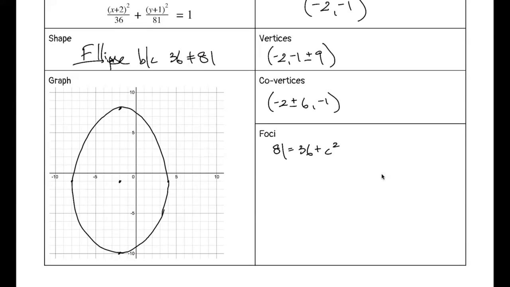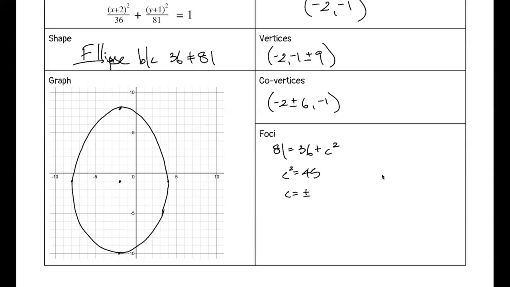Good. We take the bigger denominator. No matter how much bigger, only a little bit or a lot, we put that on one side by itself. The other denominator gets added to c squared because that is the shorter leg of the triangle squared. We do some computations. I believe that c squared equals 45.